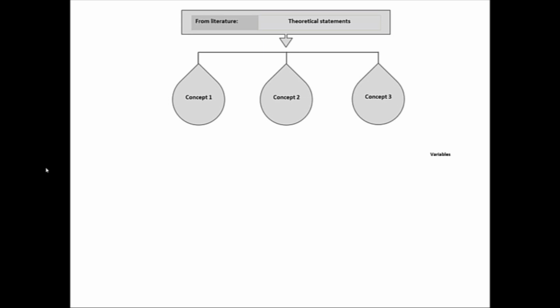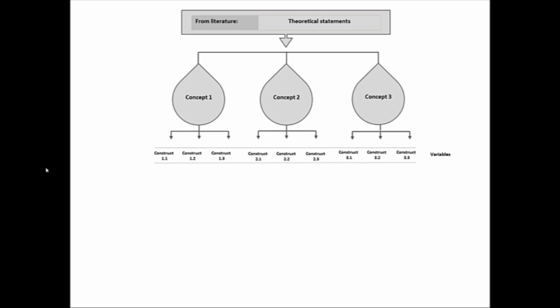Now, these latent variables or concepts are made up of smaller latent variables that are measurable, and these are known as constructs. These constructs are the variables that you will be testing in the empirical part of your study.